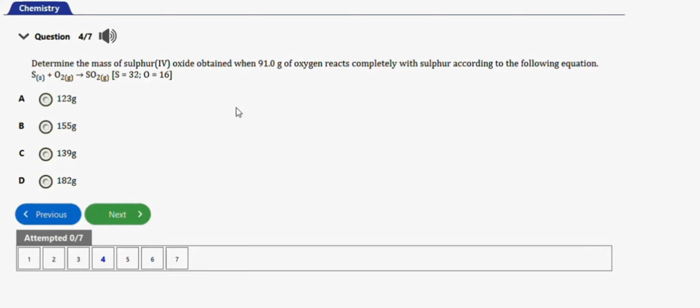Okay, so let's go to a sketchbook. Now let me show you how you can solve this kind of problem. It's actually very easy. We have to determine the mass of sulfur 4 oxide. So guys, this is the reaction we have: sulfur plus oxygen gas to give you sulfur 4 oxide.